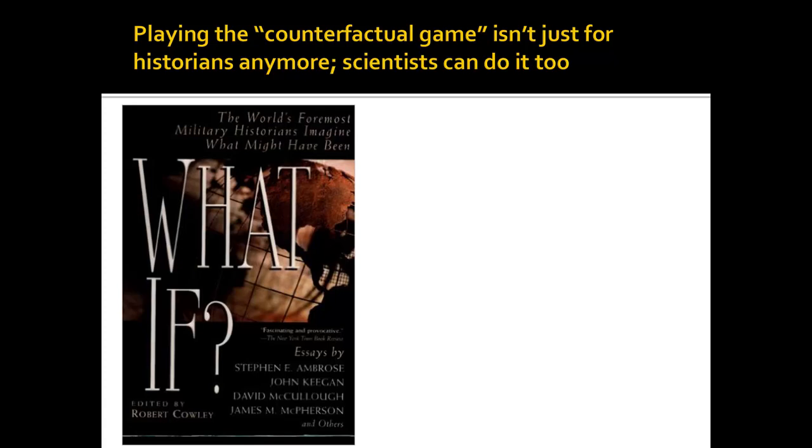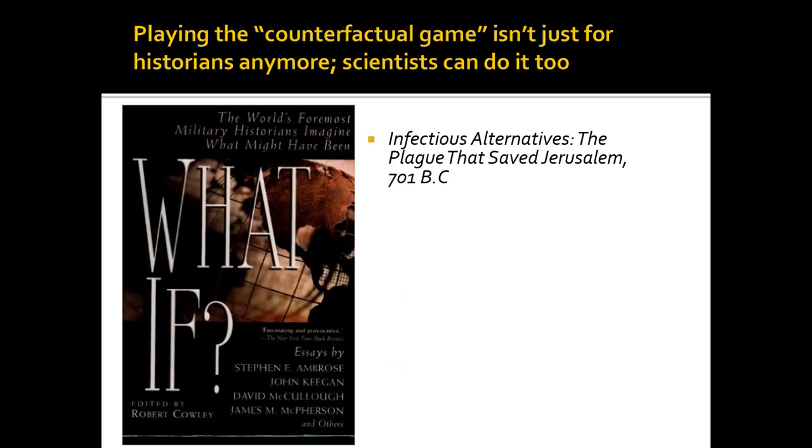So the military historians love to focus on a particular battle and say, well, what if the other side had won that battle? What would have happened to the world? Now, there's counterfactuals and there's counterfactuals. Sometimes they say the battle would have changed, but the war would not have changed.